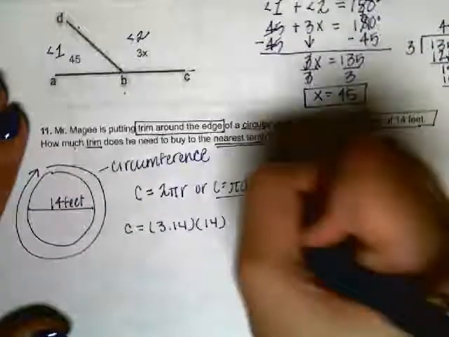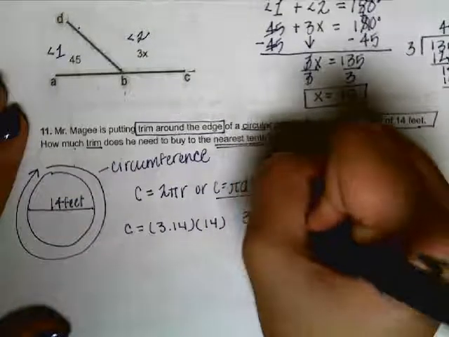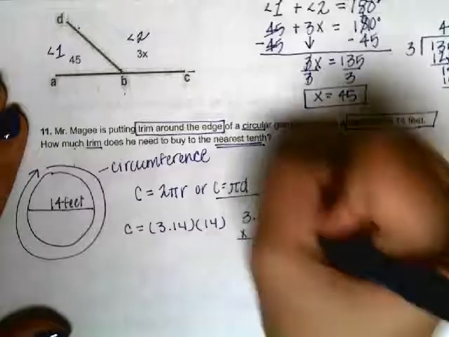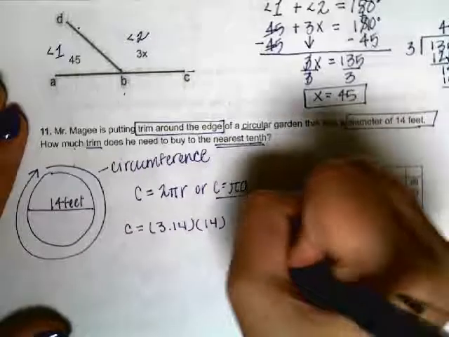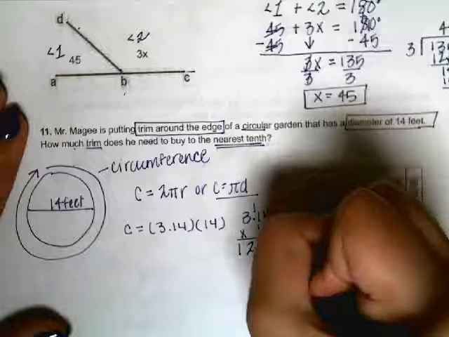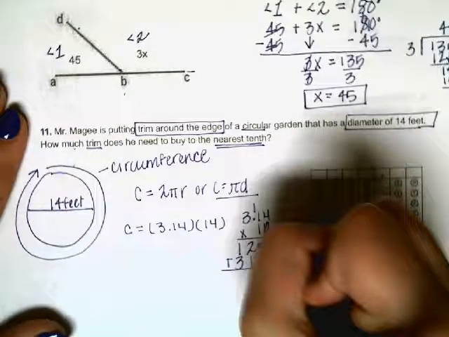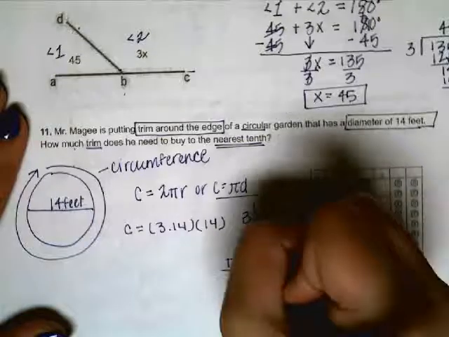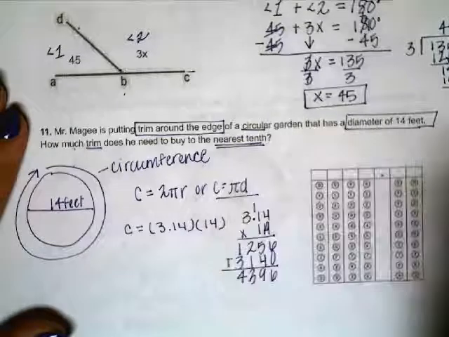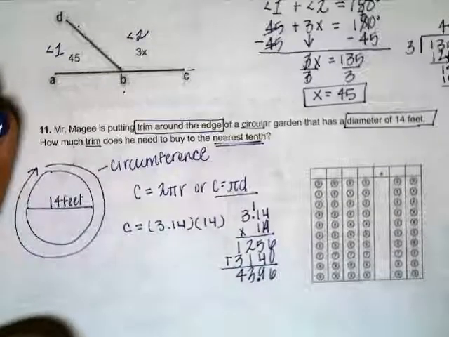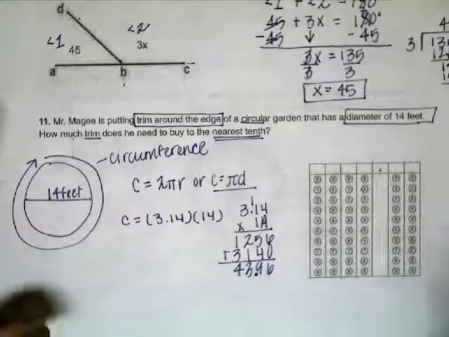So all we have to do is multiply. And I get 43.96. But it tells me to round to the nearest tenth.